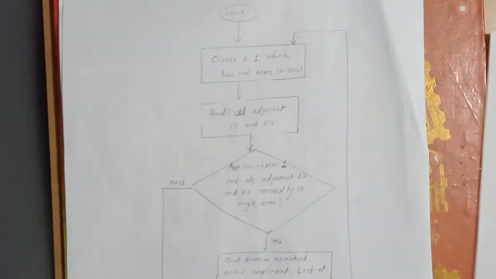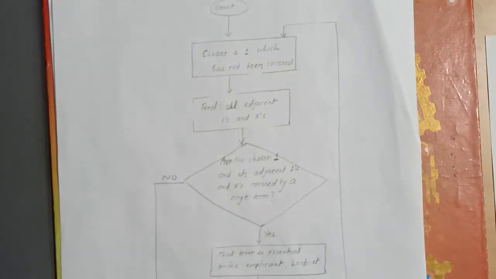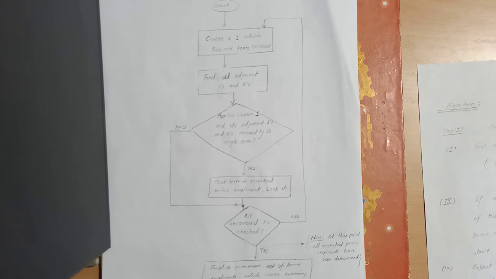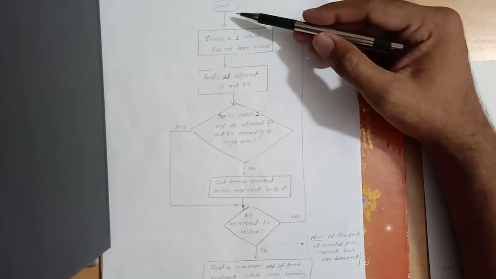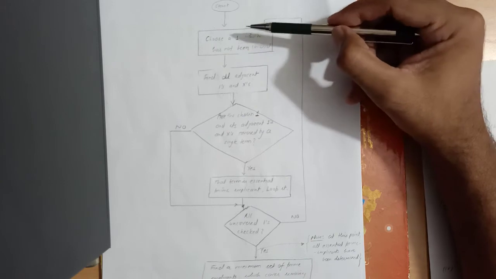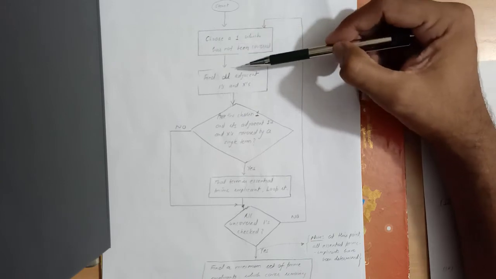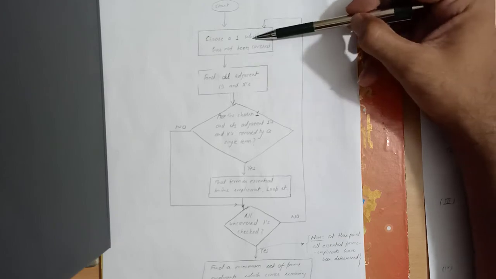So this is also the flow chart. The same algorithm is written in the form of a flow chart. We start by choosing a one which has not been covered, and then we find all the adjacent ones and x to that one.